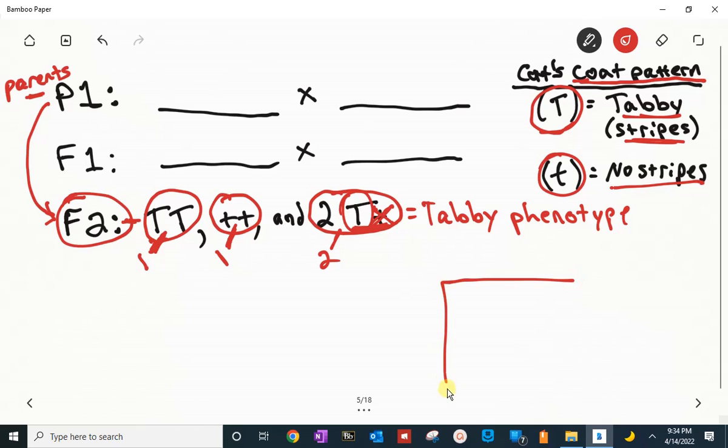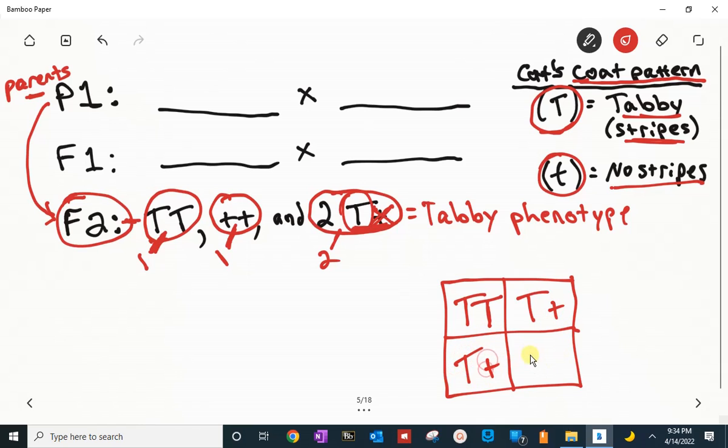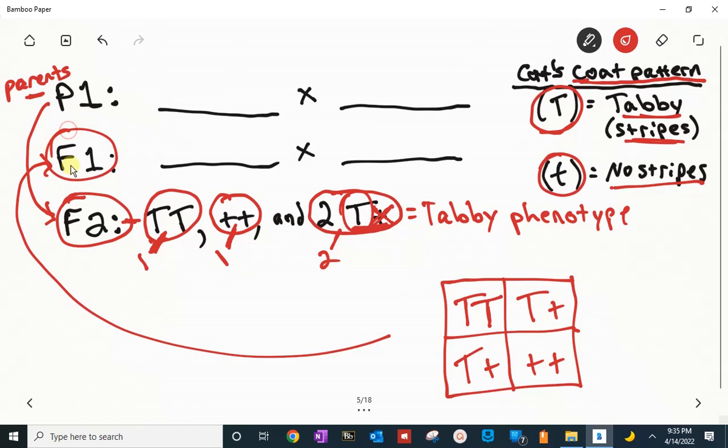If we do this Punnett square backwards, and we put these genotypes of these kittens in here, we have a capital T, and we have a capital T, lowercase t, and we have a capital T, lowercase t, and a lowercase t. So if we work this backwards, we're going to do this to get the parents' genotype right here. Let's fill in these blanks first.